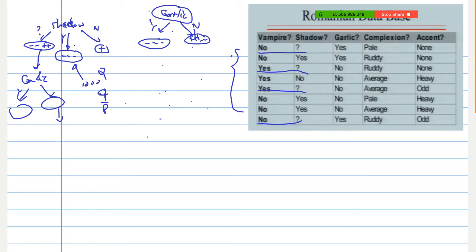Basically after each of the tests, none of the tests will be conclusive, right? So there's still a question in the shadow. Meanwhile, for the garlic, it's more.